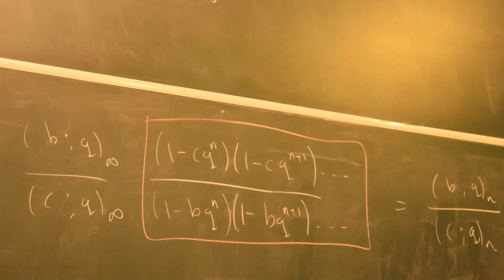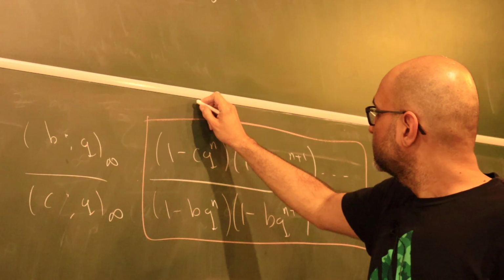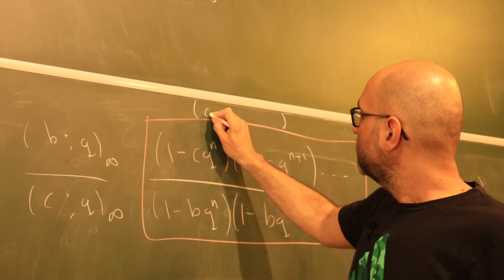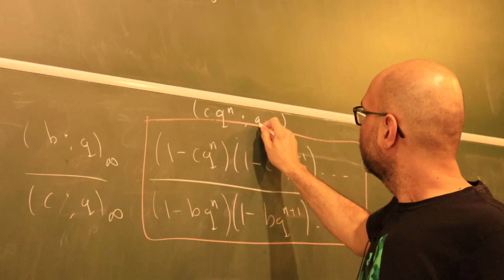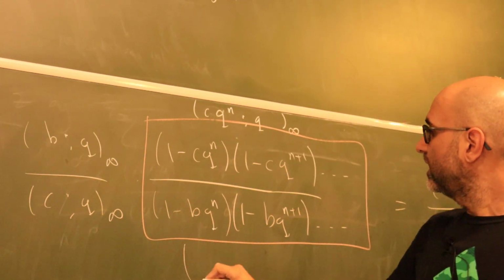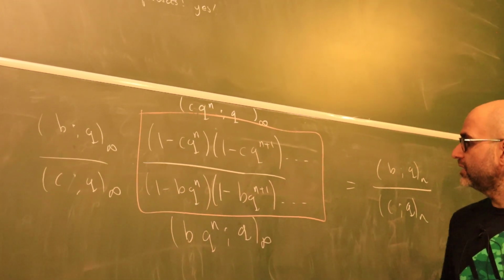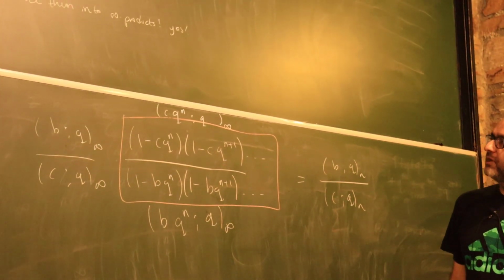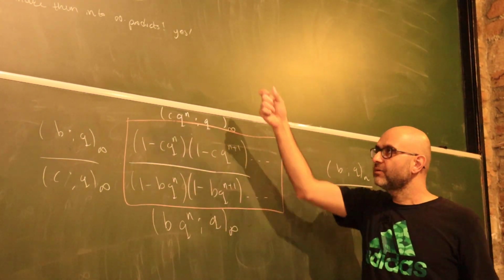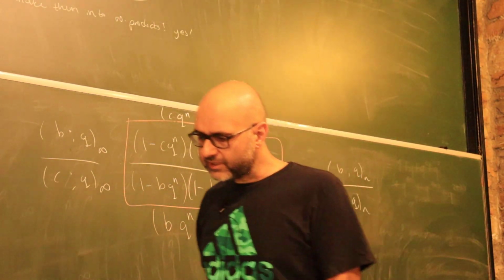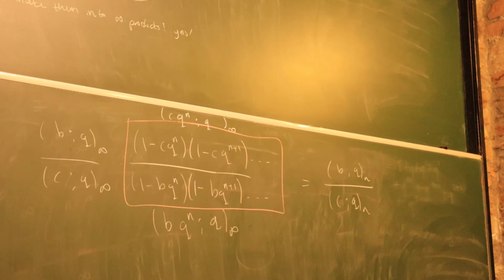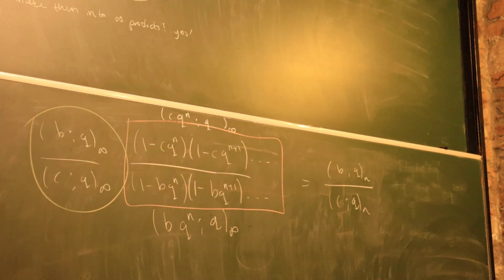And if you stare at this for long enough, you'll be convinced that this numerator is nothing but (cq^n; q) sub infinity, and this is (bq^n; q) sub infinity. Now we found the infinite products we were looking for. Let's plug them in place. And notice that this is independent of the index of summation, so we can take it out.